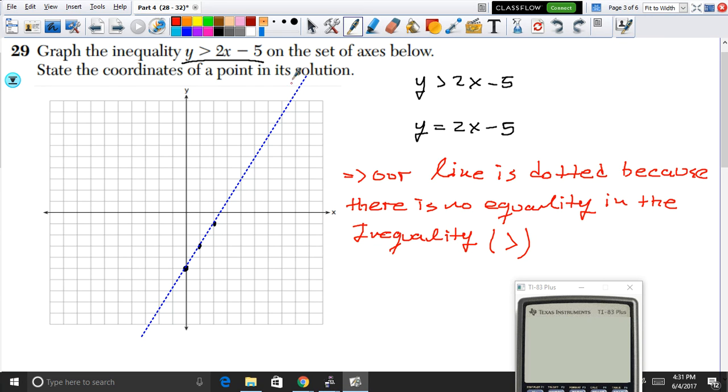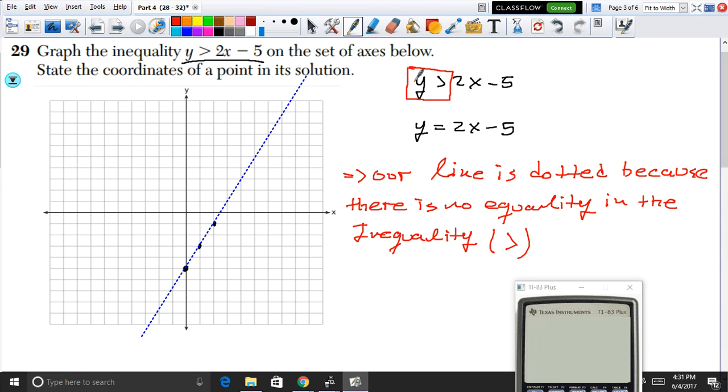Now, we have the line, we know it's dotted, and when it comes to inequalities here, we always need to have some kind of a shade. So the question is, do we shade the left side or do we shade the right side of the line? Well, everything has to do with what the inequality is talking about: the y values.